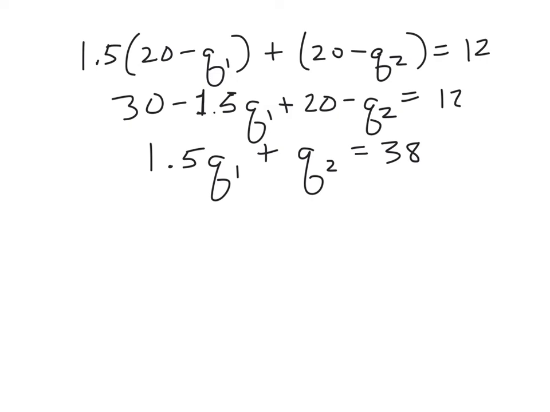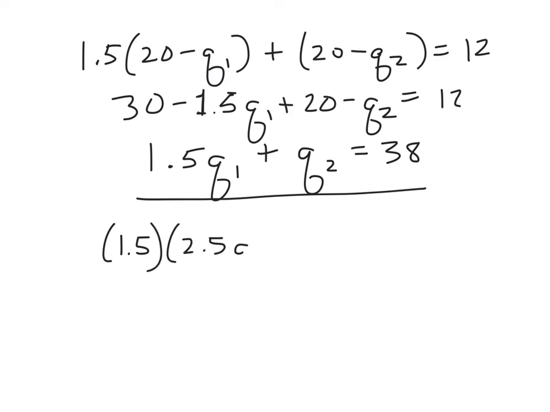Now we can substitute what we know about Q1 and Q2 from the marginal cost of reducing pollution units at the receptor. Remember, we had Q1 is equal to 2.5 Q2. We can plug that in for Q1 here, and what we end up with is 1.5 times 2.5 Q2.